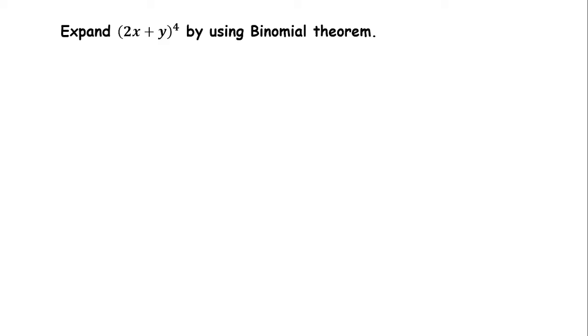Let's take this question as well. Same method, same procedure. So how do we start this? 2x plus 4 whole power 4. So we start from the power, 4c0, 4c1, 4c2, 4c3 and 4c4.